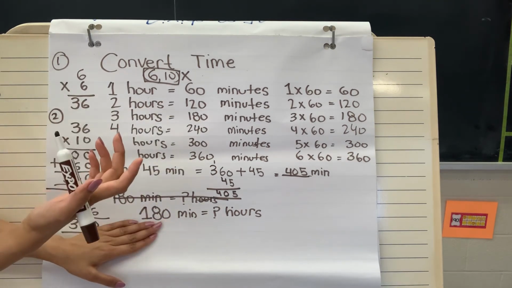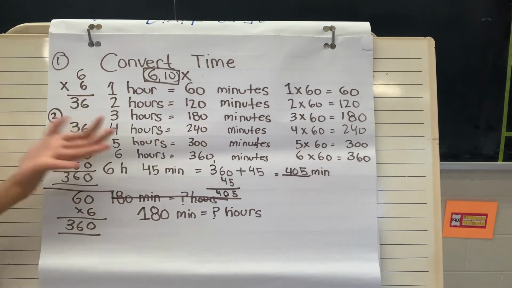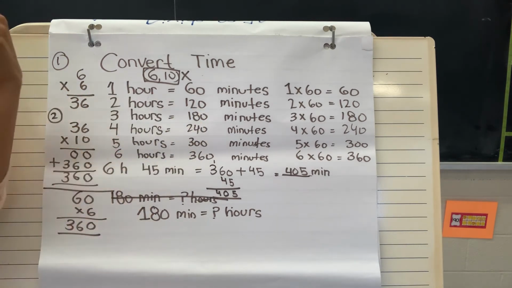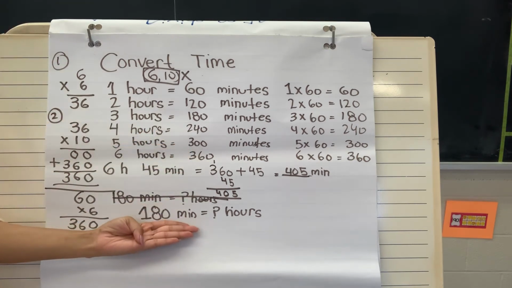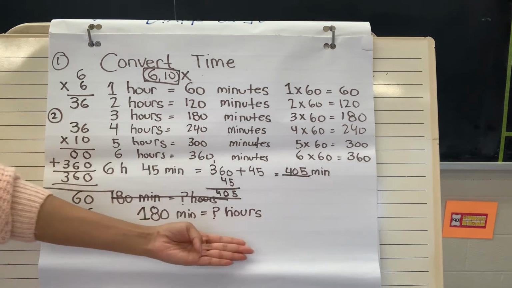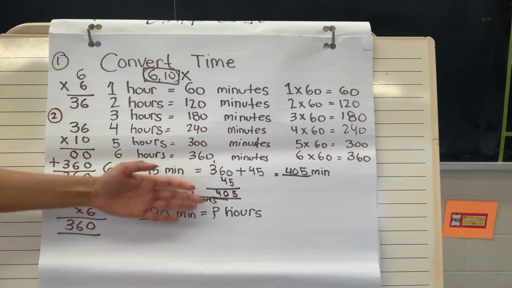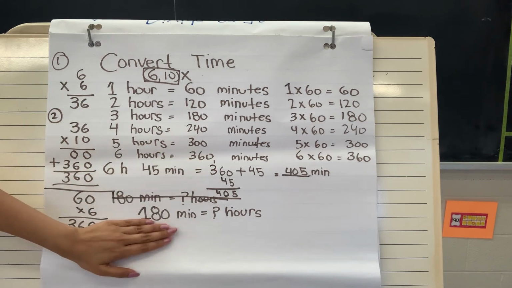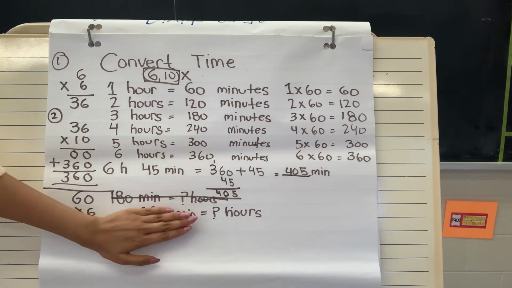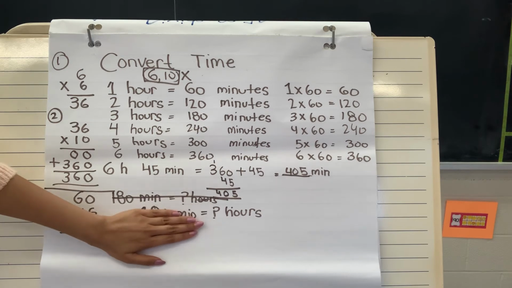It's much easier when you have the table. But let's say we lost our table. Let's say we don't know where our table is. So how are we going to convert our minutes to hours? And you need to listen carefully. So for us to convert 180 minutes, we are going to divide 180.